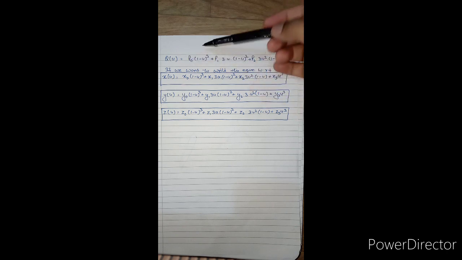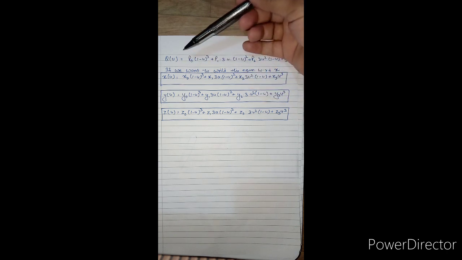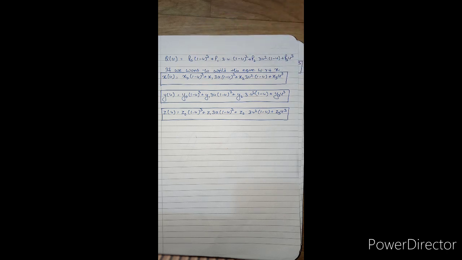So after calculating and putting the values of b03, b13, b23 and b33 in the previous equation, we will get this equation over here.